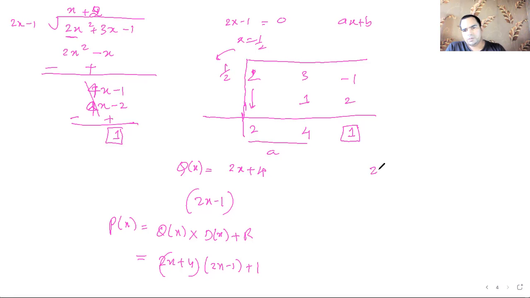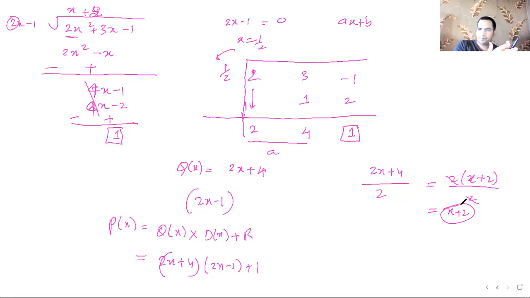Let's say I got 2x plus 4 as the quotient, and the coefficient of x in the divisor, a, is 2 here. So I'll just divide by 2. You can take 2 common, and you get x plus 2 here, and the 2s get cancelled. So x plus 2 is actually the quotient, which is the same as the previous one.